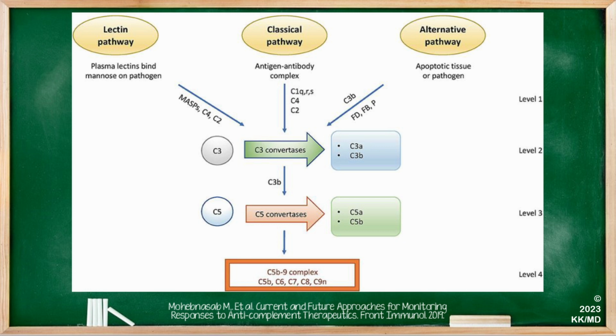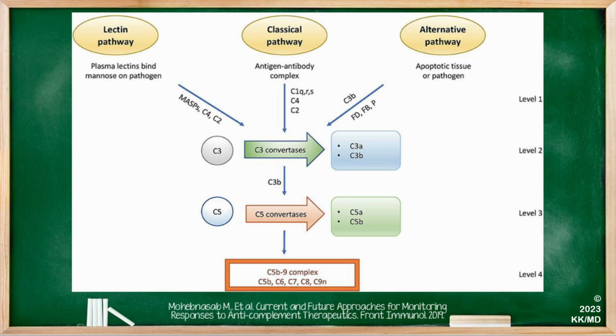But if you were to dumb it down and make it really quite simple, as I mentioned, you've got three pathways. One is the alternative pathway, which is particularly important for apoptotic tissue or pathogens. One is the classical pathway, which is antigen-antibody complex driven. And the last one is the lectin pathway, which is when plasma lectin binds to mannose on the pathogens.